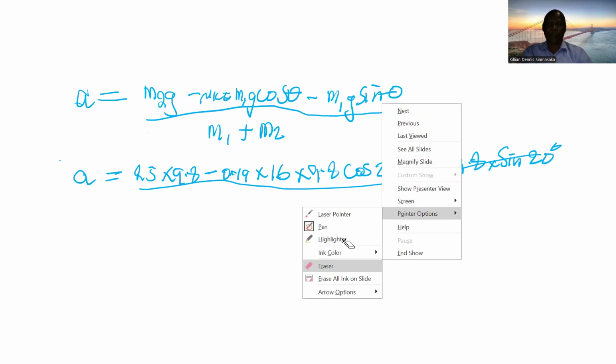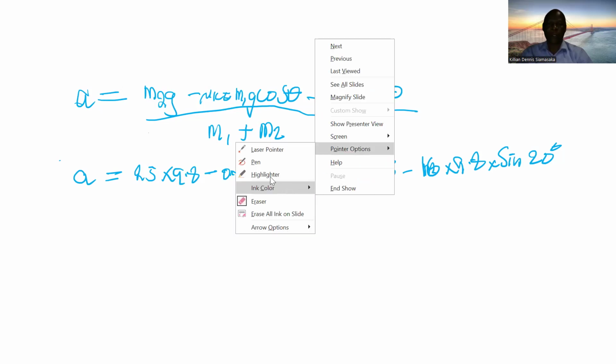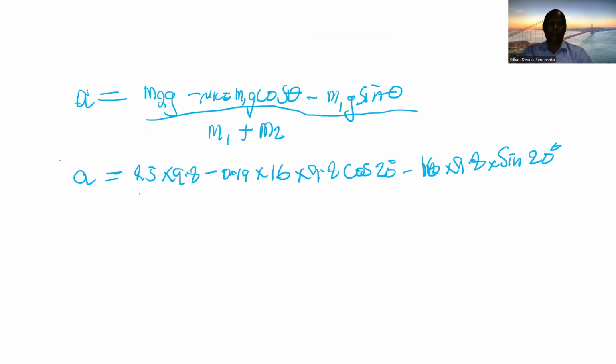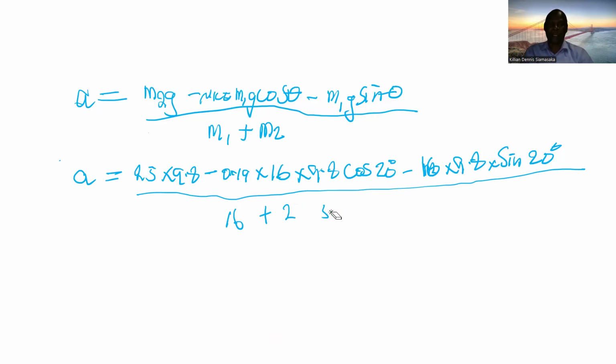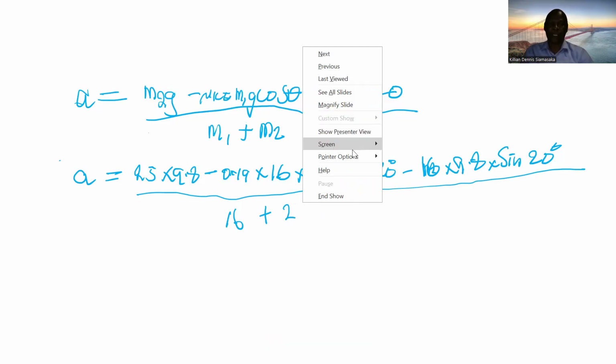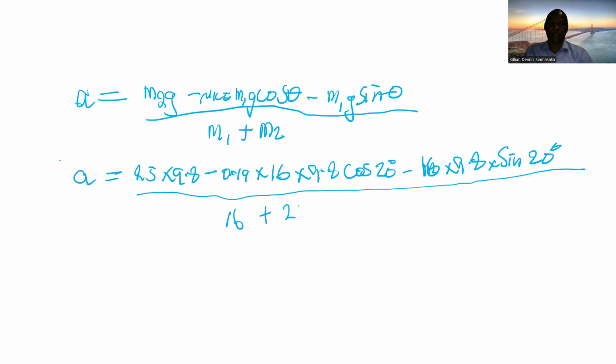Then we divide the whole of this by mass 1, which is 16, plus mass 2, which is 25 kg.